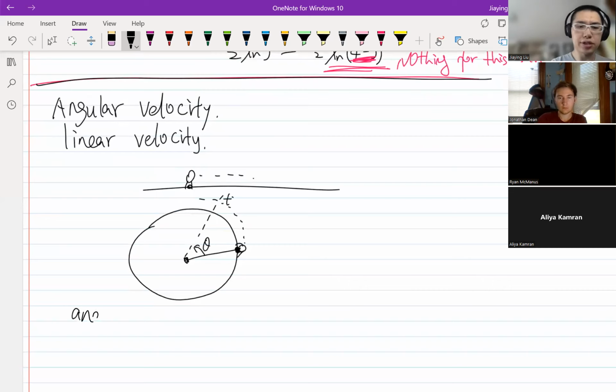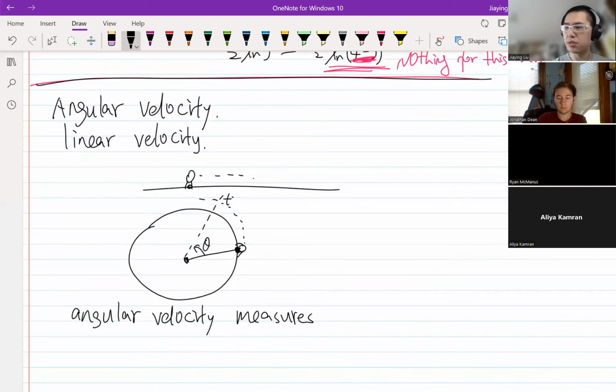So angular velocity measures the rate of angle rotation per unit time.